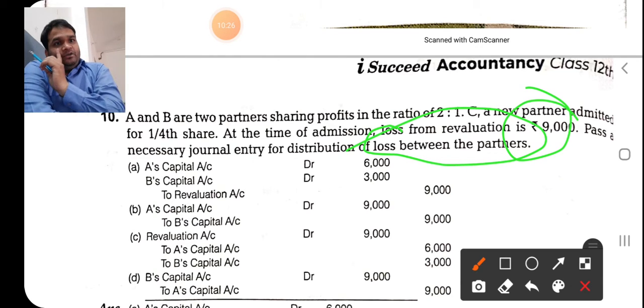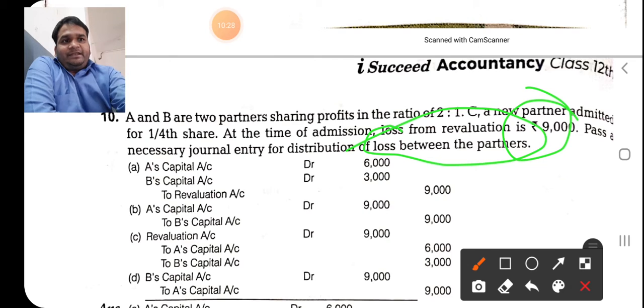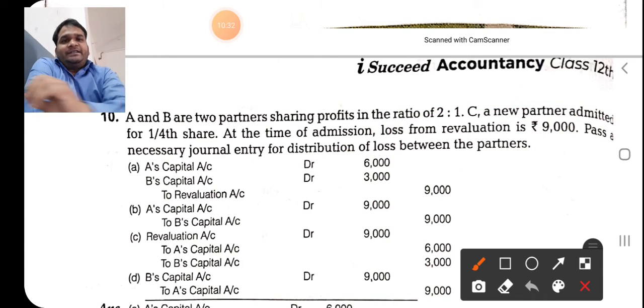Okay. Now, class, one thing we should understand in this: in case of admission, when the new partner is coming, whatever is there in the old balance sheet has to be revalued. For getting those things revalued, we prepare the revaluation account. When we prepare the revaluation account, either the profit will come or the loss will come.